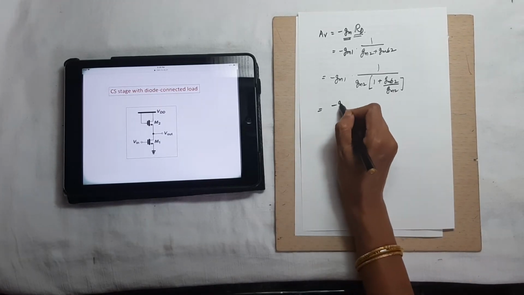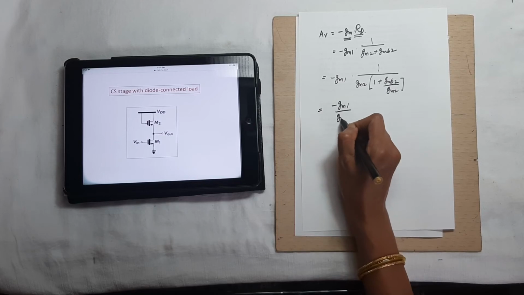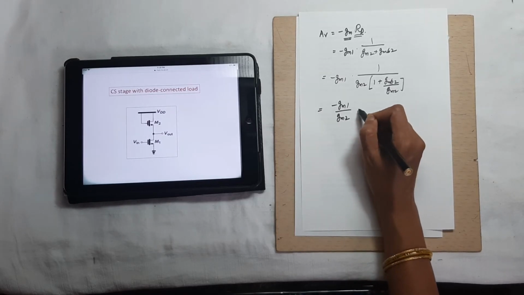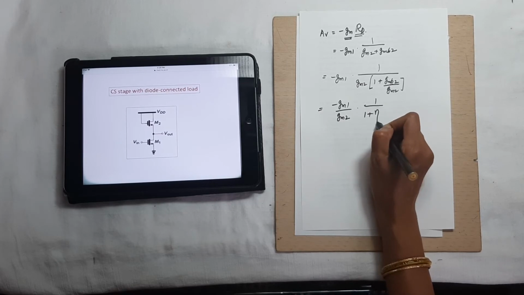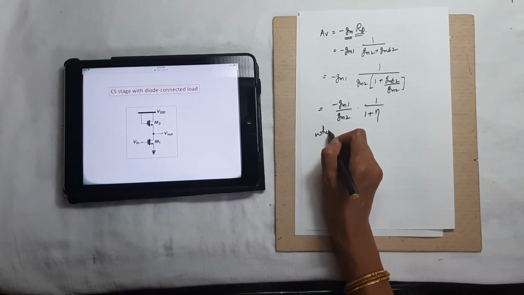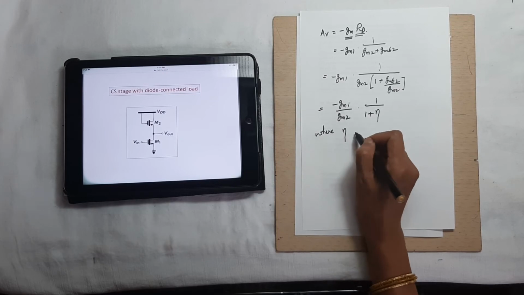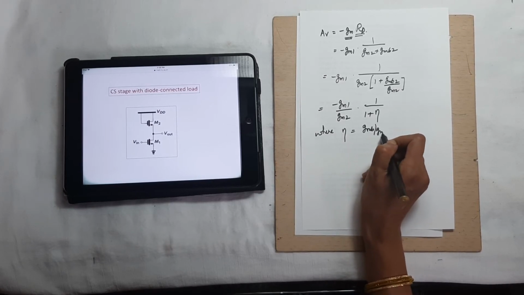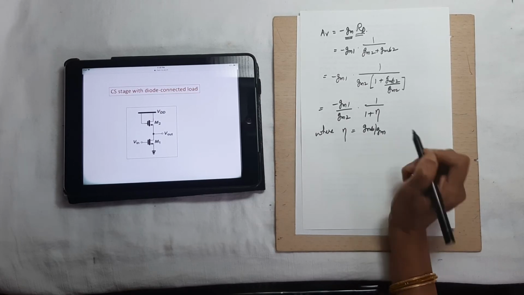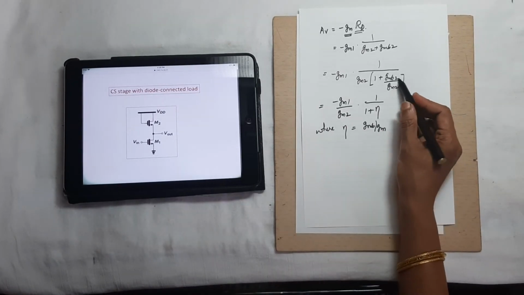This is equal to minus GM1 divided by GM2 into 1 upon 1 plus eta, where eta is equal to GMB divided by GM, or here it is GMB2 by GM2.